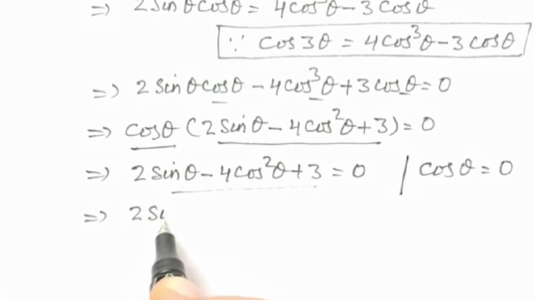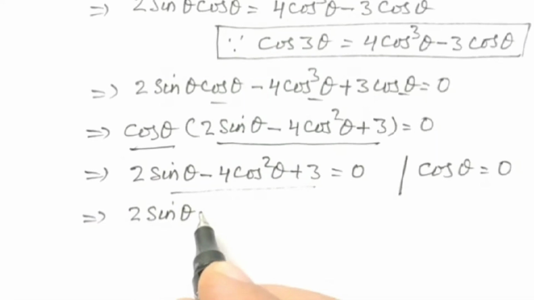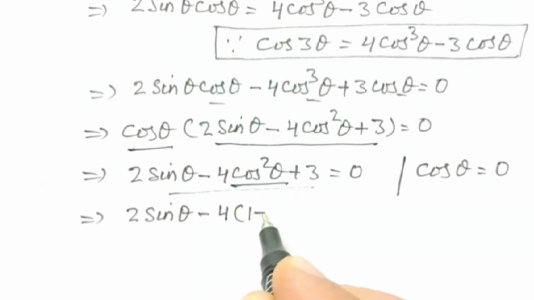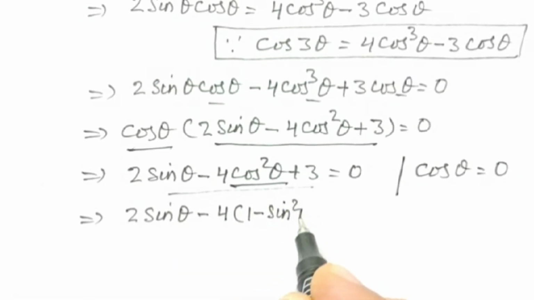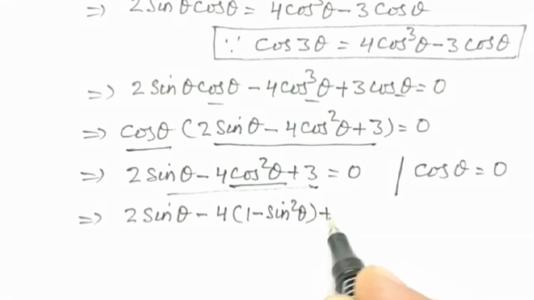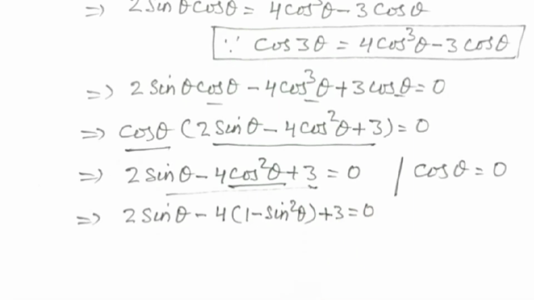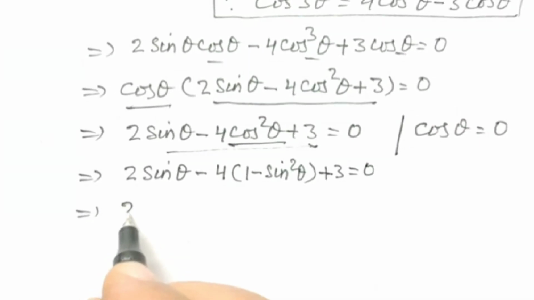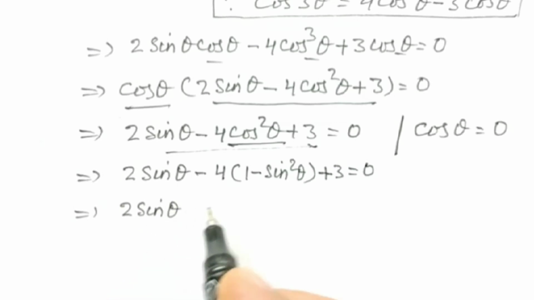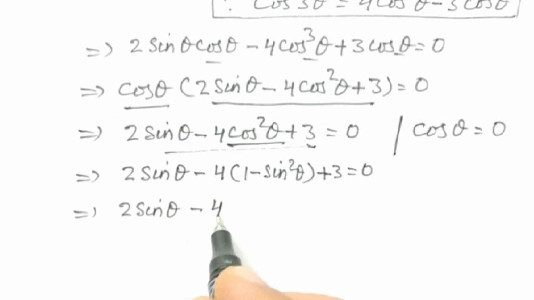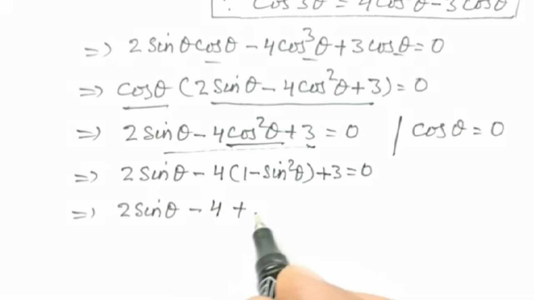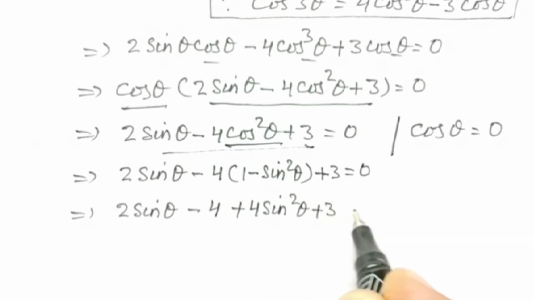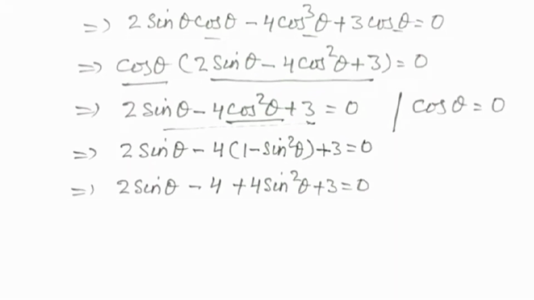So 2 sin theta minus 4, where cos square theta is equal to 1 minus sin square theta, plus 3 is equal to 0, right? Now 2 sin theta minus 4 into 1 is 4, and this into this gives 4 sin square theta, plus 3 is equal to 0, right?